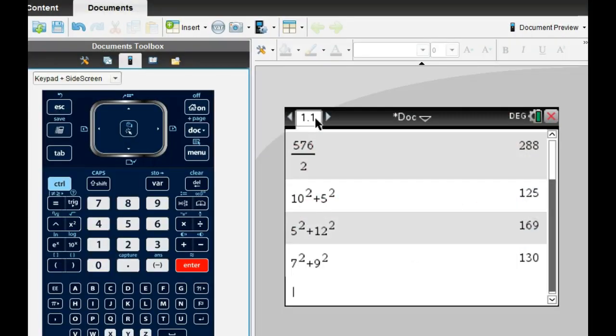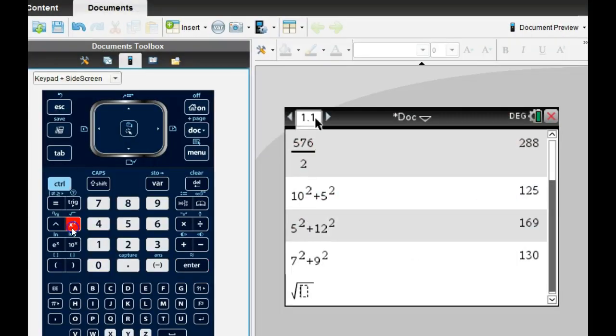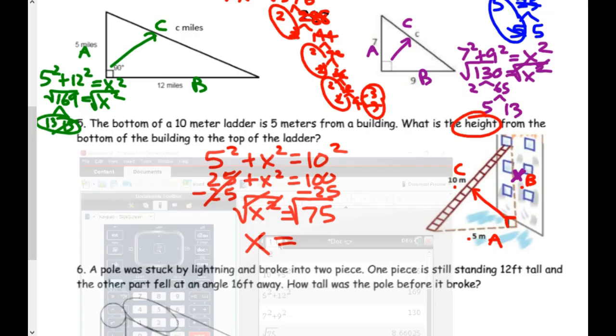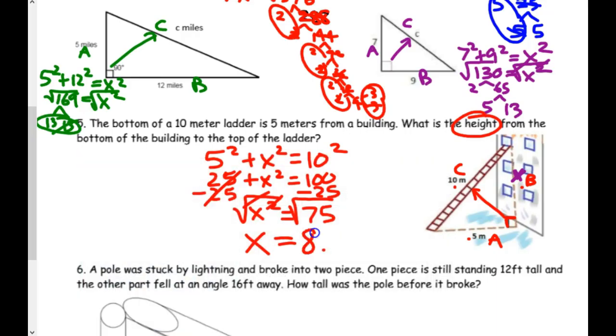So square root of 75, 8.66. And we are talking about meters, right? Decimals are good for real life situations. The only time you need to do the factor tree method is if it says to reduce the radical or to put it in simplified radical form.